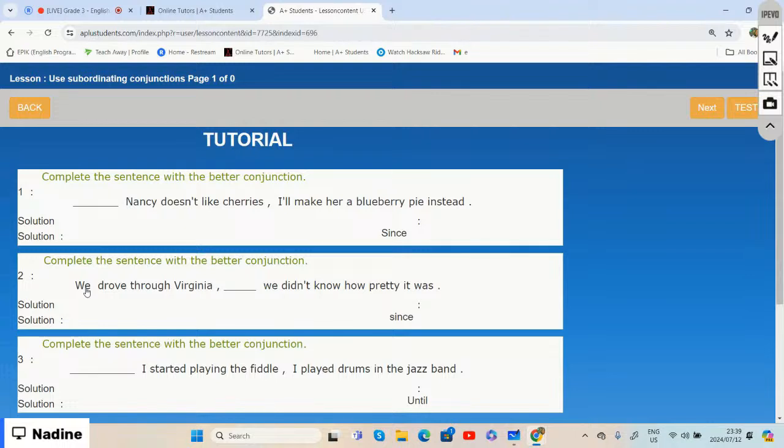When we use subordinating conjunctions, we use those words within the specific sentence to still complete the sentence, right?